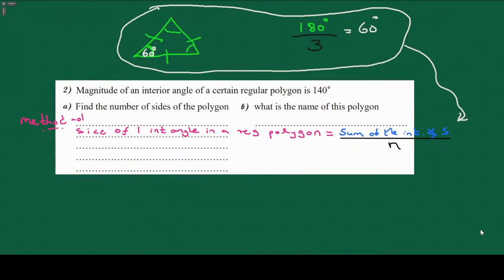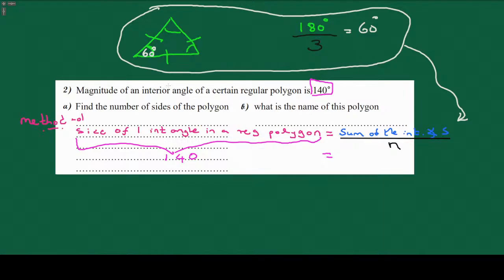So let's plug in values now. Do we know the size of one interior angle? Have they given it to us? Yes, they have. They have said it's 140. So it's 140 equals the sum of the interior angles. Now, have they given us the sum? No. So how can we find the sum of the interior angles?